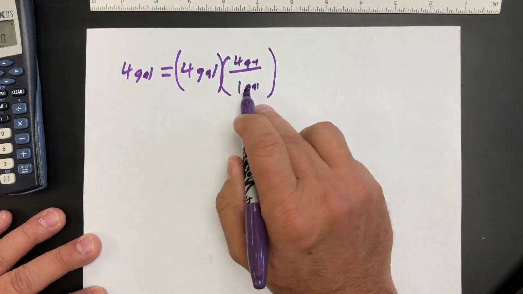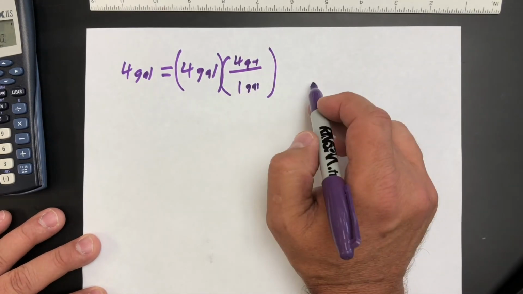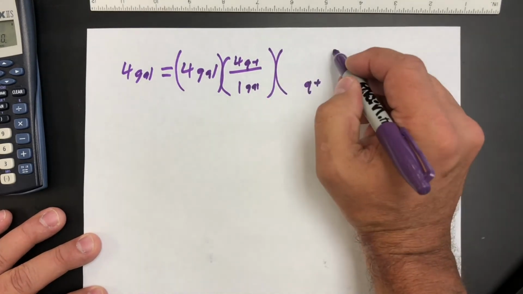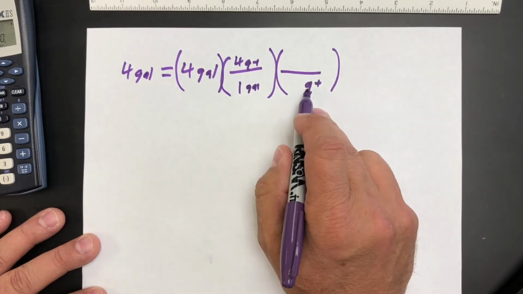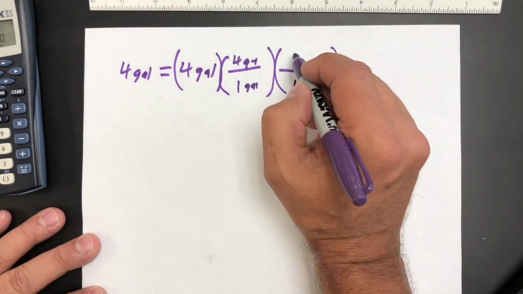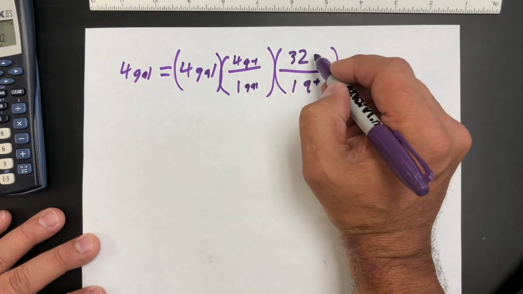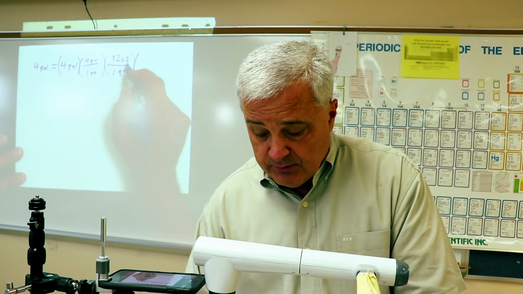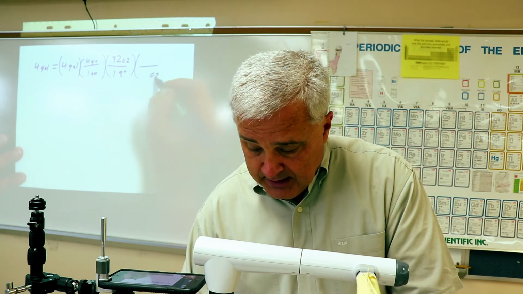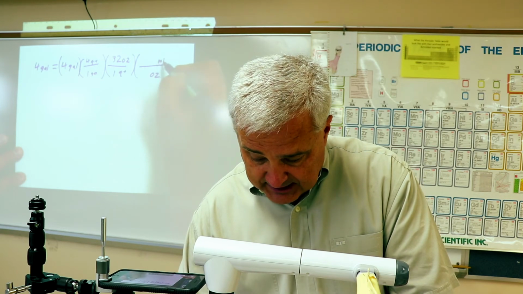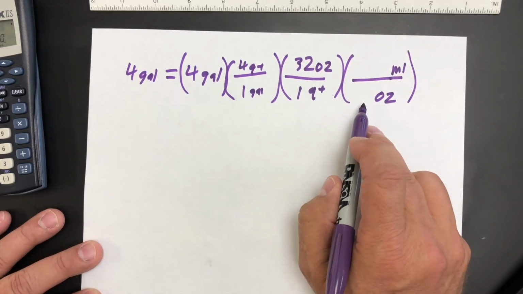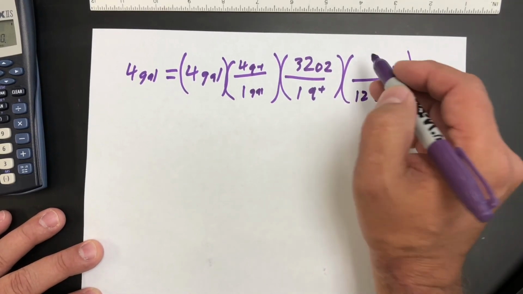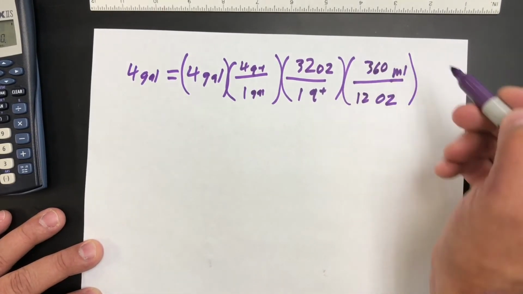And then I want to get rid of the quarts, so I'm going to put quarts on the bottom, put the multiplication symbol in, put the fraction, and we have said that 1 quart is 32 ounces. Now I want to get rid of ounces, so I'm going to put ounces on the bottom, and I'm going to put milliliters on the top. And that ounces was 12, and that milliliters was 360.